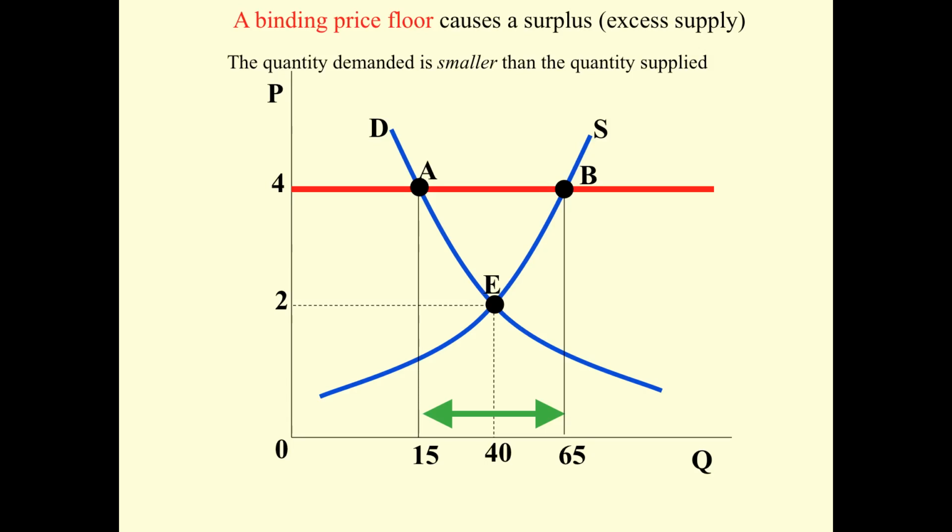At $4, only 15 people want to buy, or 15 units are demanded. But at that nice high price, sellers would like to sell 65. So you get a surplus of 65 minus 15, or 50 units, that horizontal distance of the green arrow right there. A lot of stuff that nobody wants to buy that's produced and is sitting around.